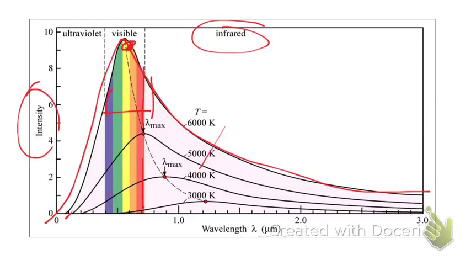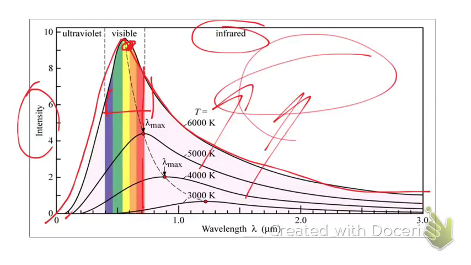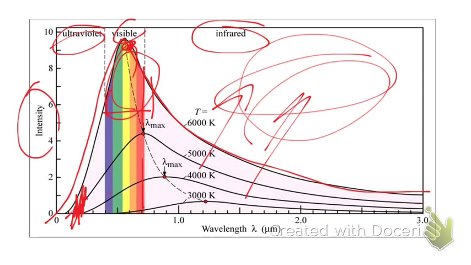We're still getting infrared coming off in this region here, but we're getting a lot of visible light, so therefore it's going to appear white to us at 6,000 Kelvin. Now, you can also see we are going to get some UV light down over in this region here. So we get visible, infrared, and ultraviolet at 6,000 Kelvin when we heat up a solid.